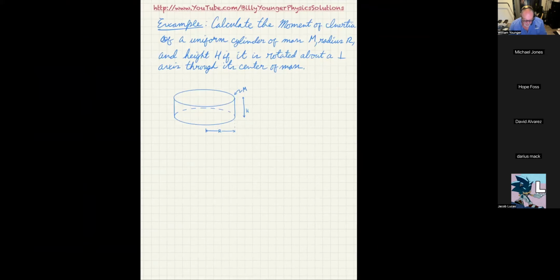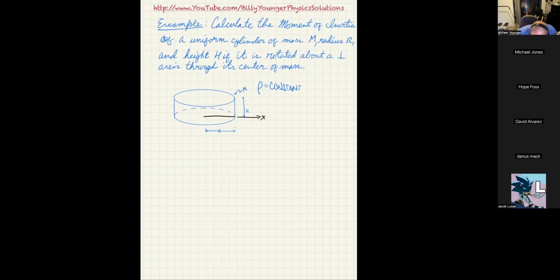And we also know that rho equals a constant. Notice it's a three-dimensional object, so rho is the typical density that we're going to use. Now, what's smart for me to do here is go ahead and make a coordinate system.